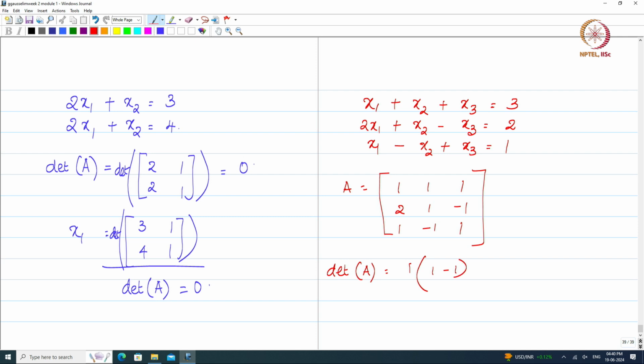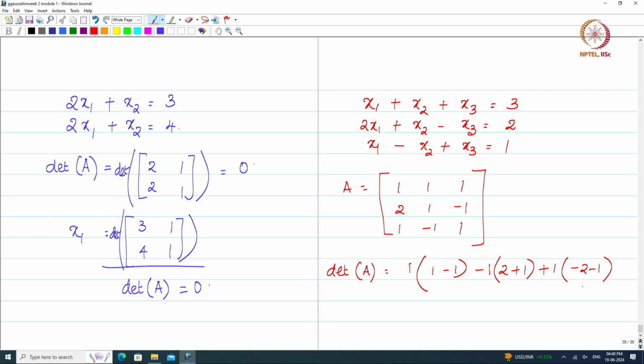So we are going to land in trouble. Let us see. So this is 1 minus of this minus 1 minus 1. So it becomes 0, then it is minus 1 into 2 plus 1 plus 1 into minus 2 minus 1.